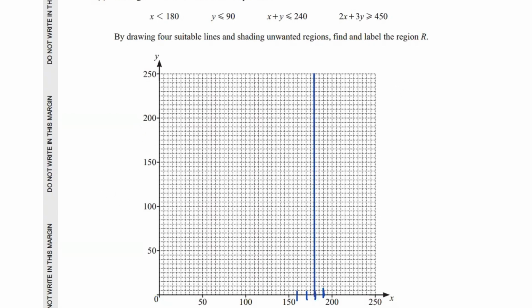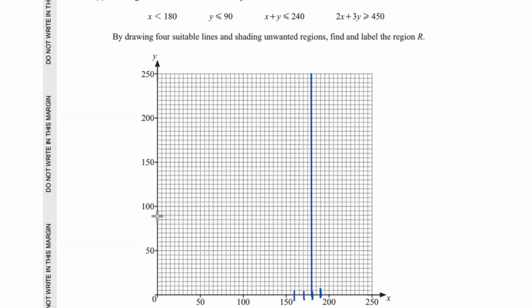Then at 90, then x plus y equals 240. So for that, if I put x equals 0, then y would be 240, and if I put y equals 0, x would be 240. So one is over here and the other is over here.